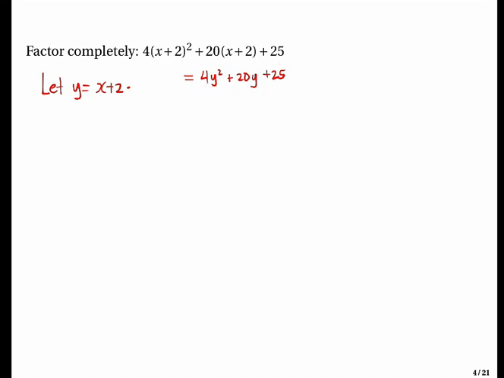If you are not used to working on this kind of expression, the expressions quadratic in form, then you can do some substitution. So the expression would be simplified, at least the way you look at it.